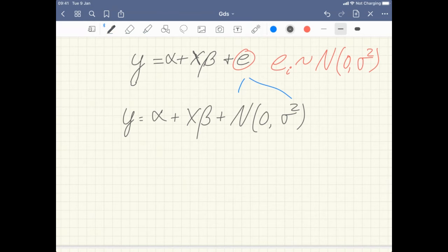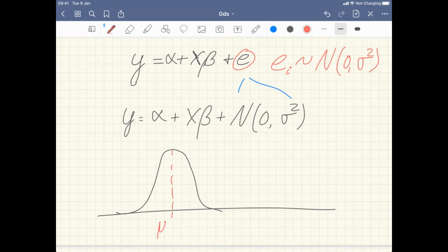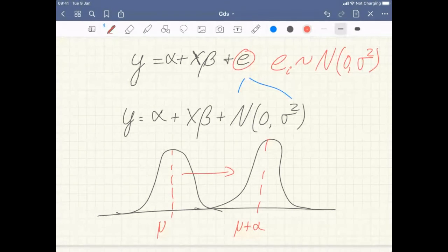Well, there's an interesting property of normal distributions. If my normal distribution is here, with a mean of mu, then if I add a value to mu, it just shifts the normal distribution up or down.